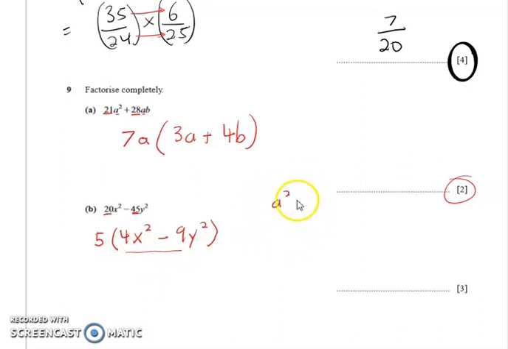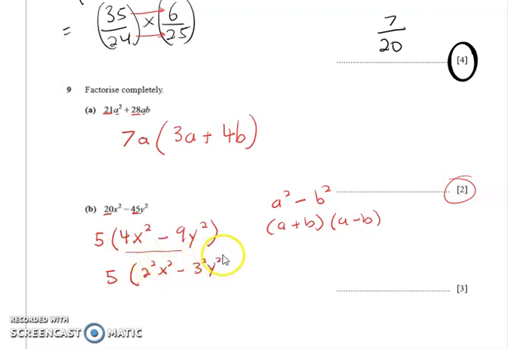We can remember this: if you have a number squared minus another number squared, we can factorize it this way: a plus b, a minus b. So we are going to follow this. Your final answer here will be, the 4 can change to 2 squared, and here's 3 squared.